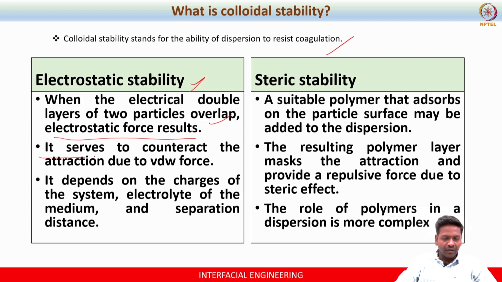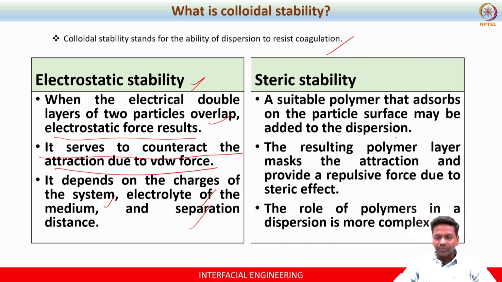So it serves to counteract the attraction due to van der Waals force, right? So this electrostatic force is very important to counteract the attraction due to van der Waals force. And this electrostatic force depends on the charges of the system, okay, and if you tune the charges of the system, you can tune the electrostatic repulsion, the electrolyte of the medium, okay, and the separation distance. These things we will see, these are the parameters that govern the electrostatic repulsion.